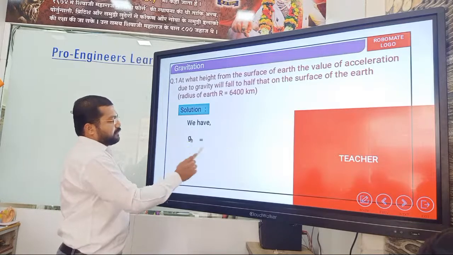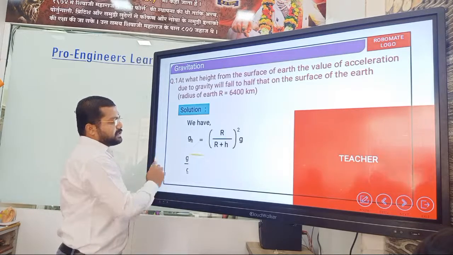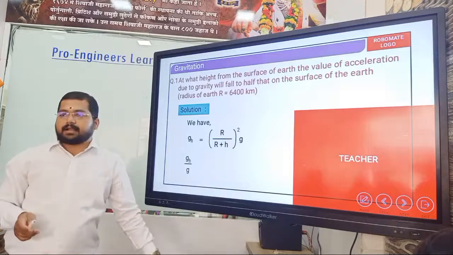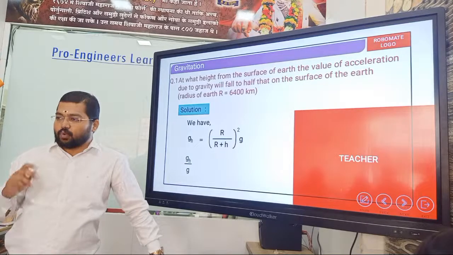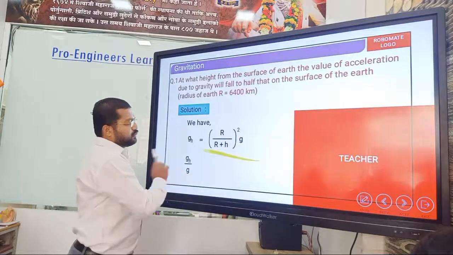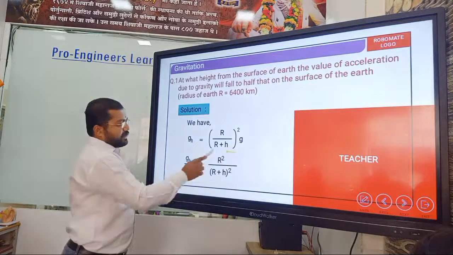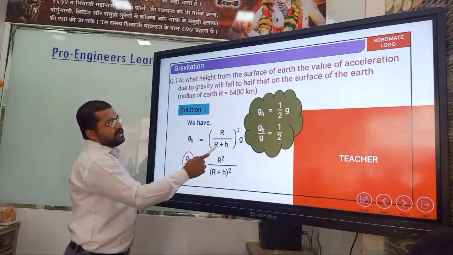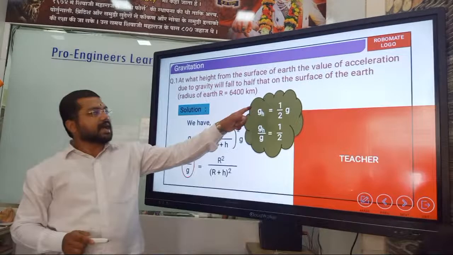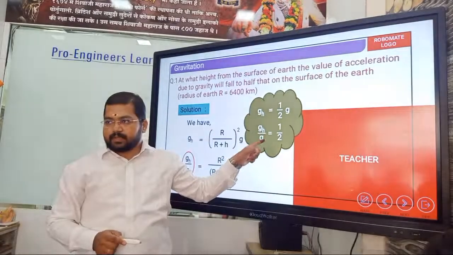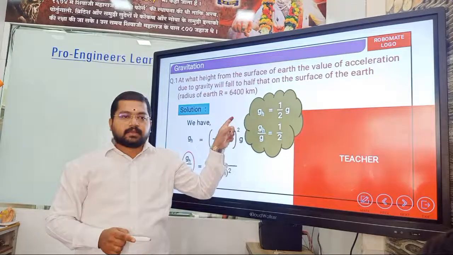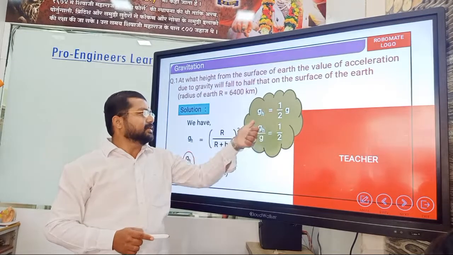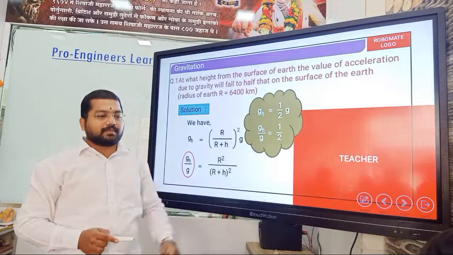So we have small g suffix h is equal to R upon R plus h whole square into g. So that g will come over here. So the relation is gh is half g, which is already given. So considering that, gh upon g will become 1/2.